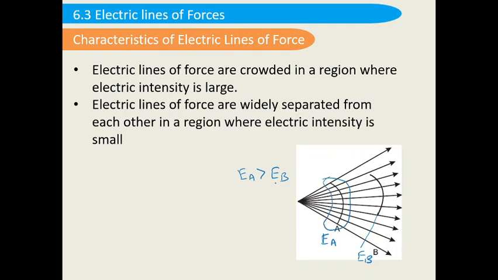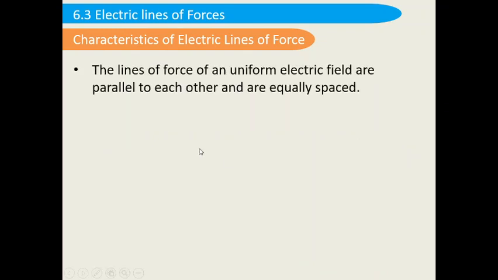So electric lines of forces are crowded in a region where electric intensity is large. And here the electric intensity is small, so the lines are widely separated from each other. That means here electric field intensity is small. Okay, let us move to the next characteristic.